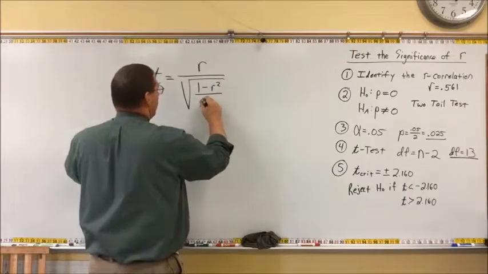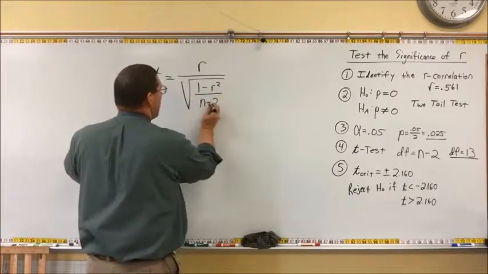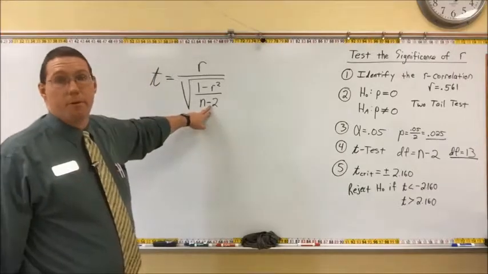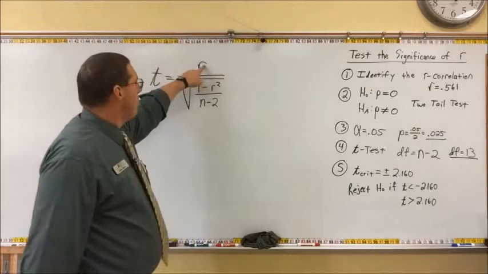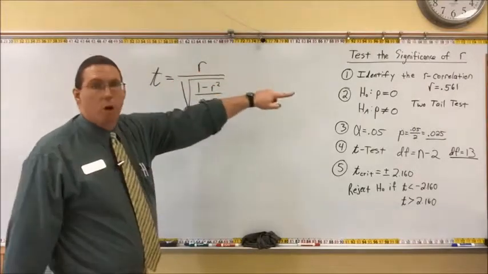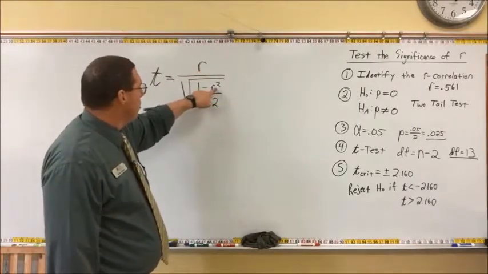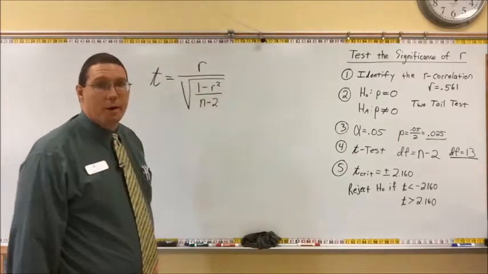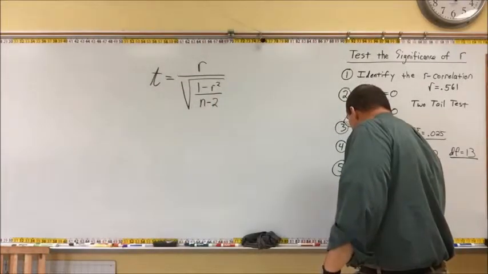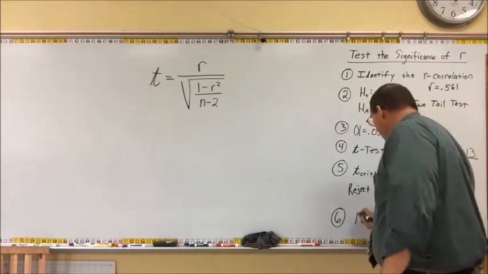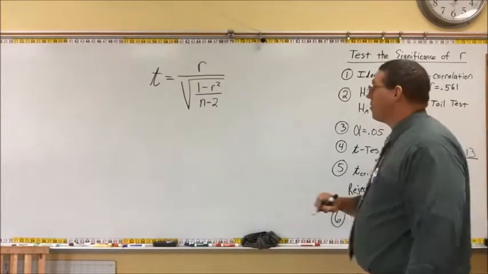And then the denominator is n minus 2. Basically, that means your degrees of freedom are in the denominator. And the R correlation, that goes up here. And you can also put the R correlation, 0.561, right here, and then you're going to square it. So step 6 is to calculate the t statistic and make a decision.